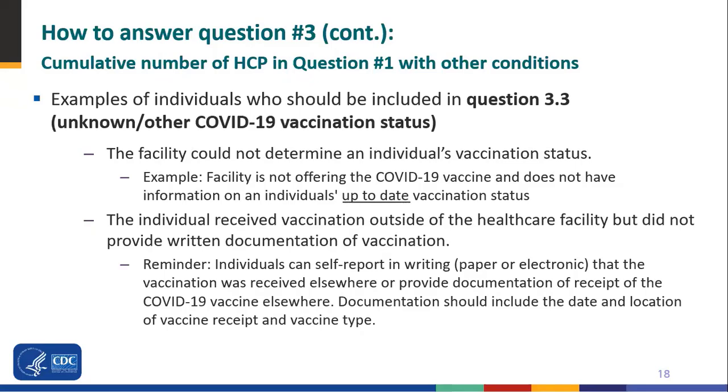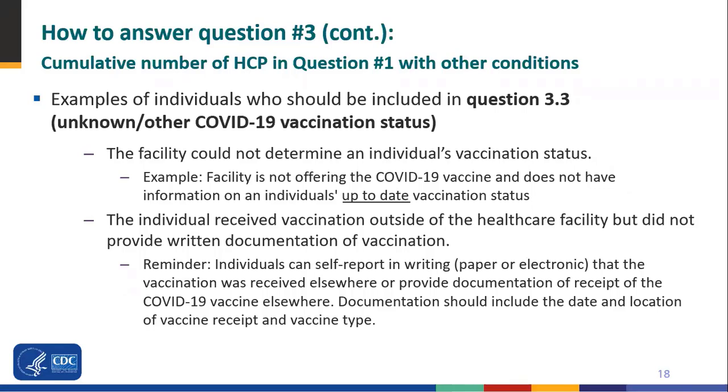We'll now review some examples of individuals who should be included in question 3.3. Individuals can be counted in the category if the facility could not determine an individual's vaccination status.